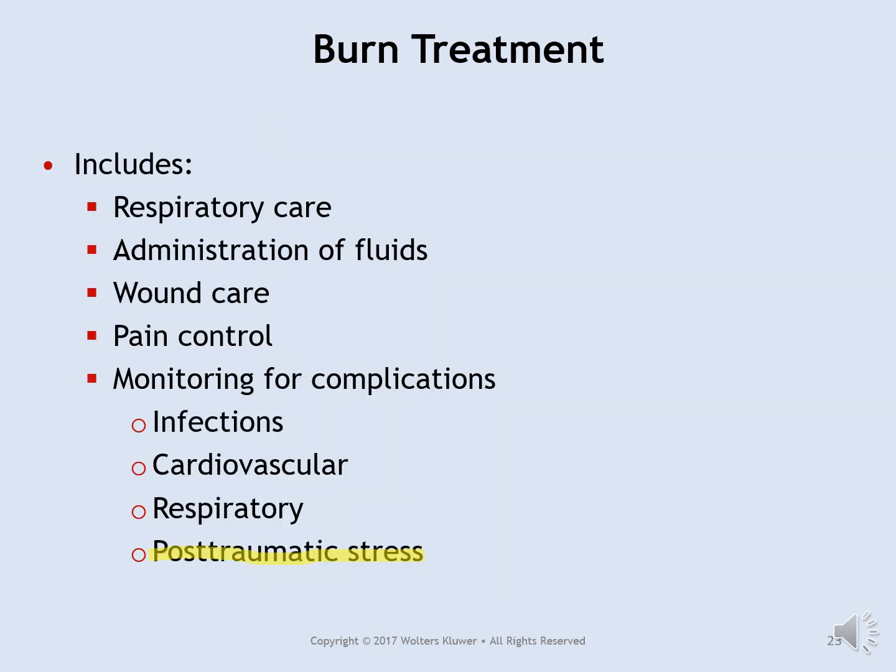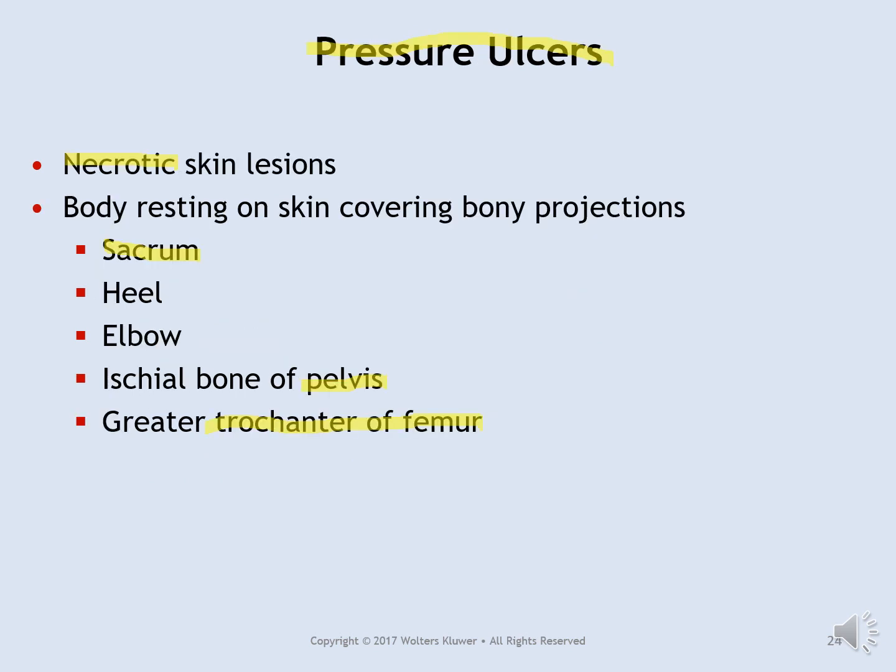So to treat burns, you can have all of these things involved. Pain control, certainly, as the nerves start innervating the areas again, and post-traumatic stress, because having deep burns over a large part of the body is very traumatic psychologically.